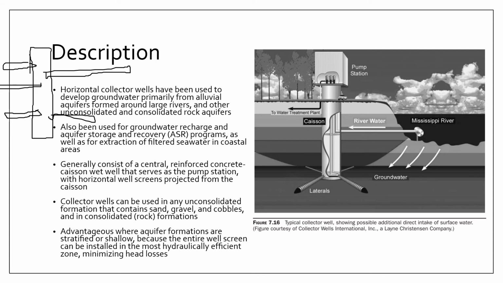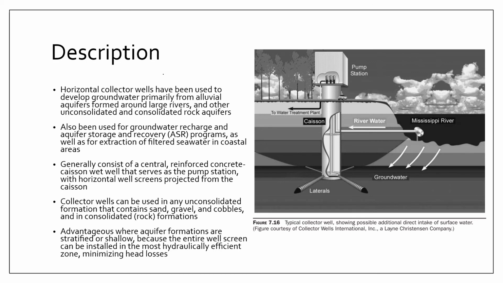So the purpose of this, of course, is to maximize the extraction of water from your aquifer. All right? And horizontal collector wells are chiefly used in alluvial aquifers, especially those in aquifers around large rivers, as well as other unconsolidated and consolidated rock aquifers.